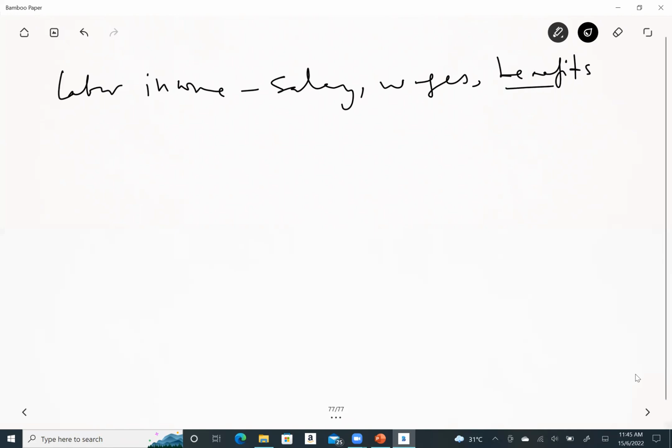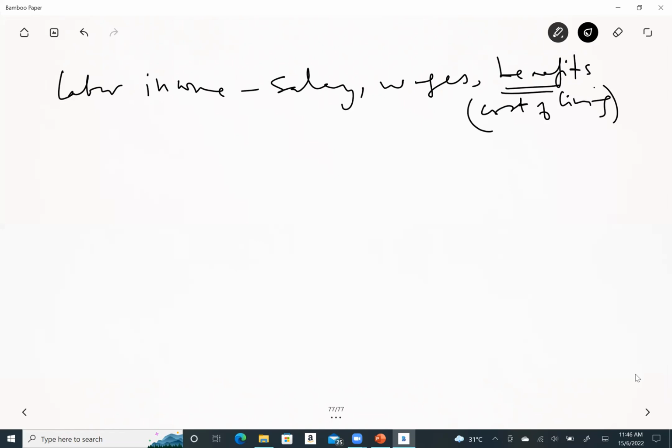So these benefits are also considered income, or they give you cost of living benefit. So example here, cost of living benefit. On top of our salary, we are given, say, 1,000, because we are living in a certain area, that will ease our living. We call it cost of living benefit.